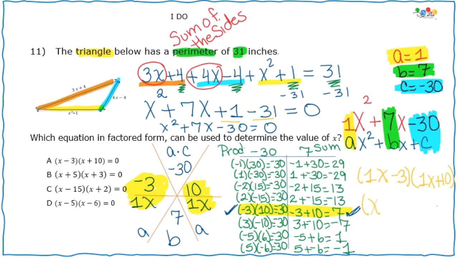Rewrite them again so I get x minus 3 and I get x plus 10. And these are my factors, right? So, did you guys find the answer for that one? X minus 3, x plus 10 gives me a. Very good. So that's my answer.